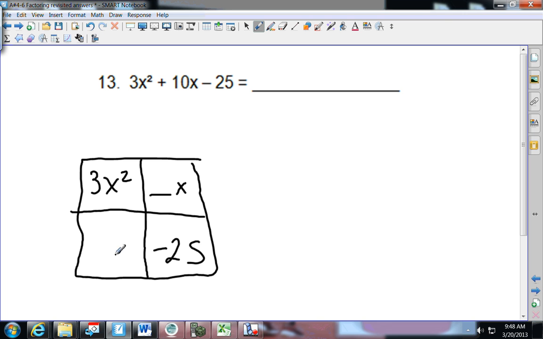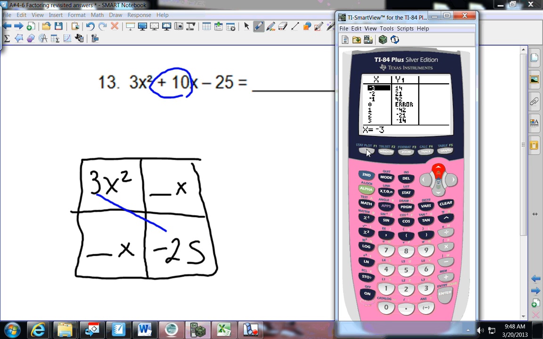I get something x and something x. I'm going to multiply these two numbers, and I get negative 75. I need the factors of negative 75 that give me a positive 10. So in the calculator I'm going to put in negative 75 divided by x, because I sure don't want to write all those out.